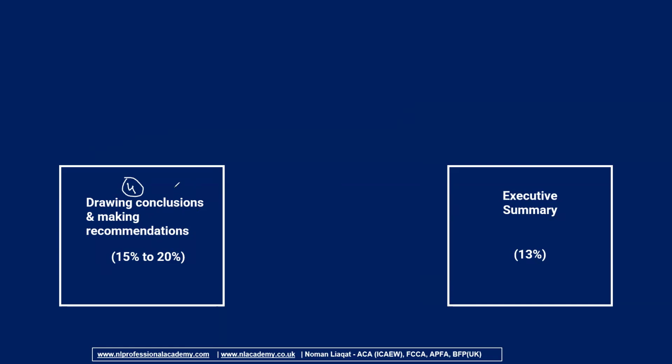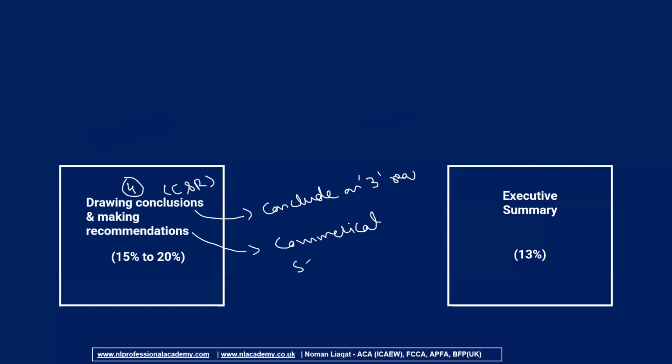Conclusion and recommendation is called C and R. You need to conclude on 3 requirements. Conclusion, what is your takeaway? And then in recommendation, you need to provide commercially suitable recommendations.